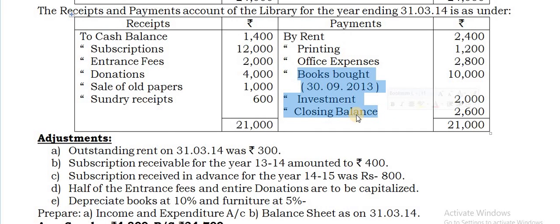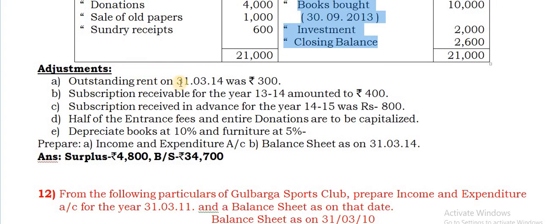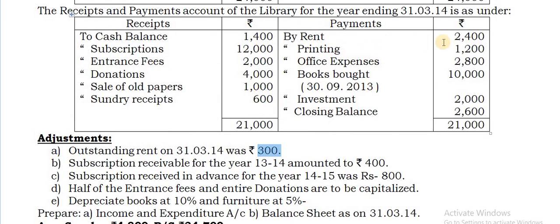Remaining three items will go to the balance sheet on the asset side. Outstanding rent, this you take in the income and expenditure account debit side, add to the rent, to this 2,400 add this. Outstanding for current year, again this will appear in the balance sheet on the liabilities side. But this amount will be added to the subscriptions, to this 12,000 you have to add this.